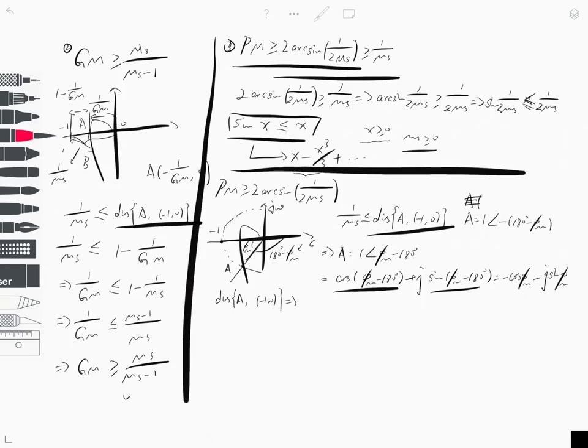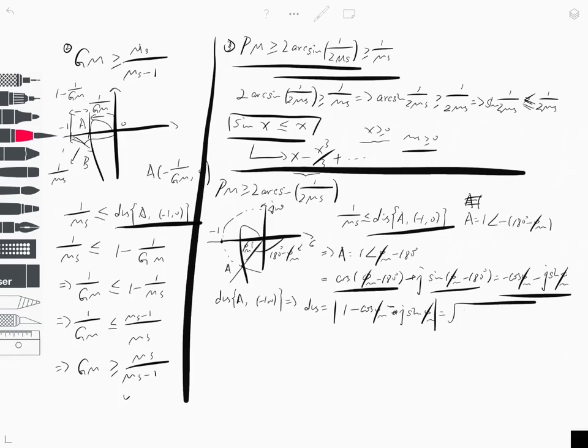Again, it's similar to the previous one. We just add a 1 to the x part, the real part of A. So now the distance should be written as 1 minus cosine phi m, remember this is a plus, minus j sine phi m. And what is the absolute value of this, right?